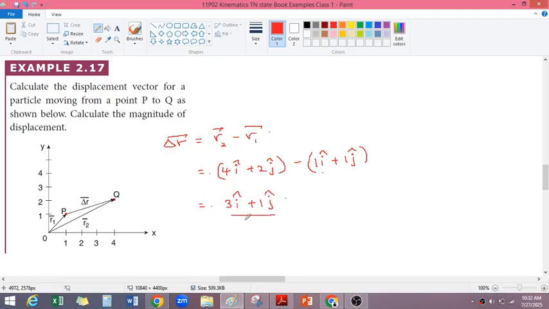So that's your answer. Displacement vector is this one, but then they asked you to find the magnitude of the displacement. So magnitude of delta R will be 3 squared plus 1 squared.